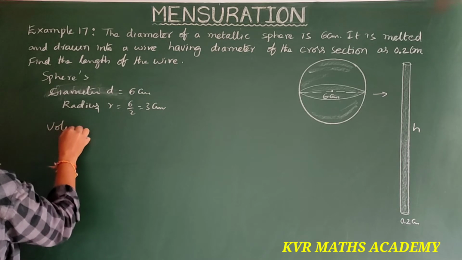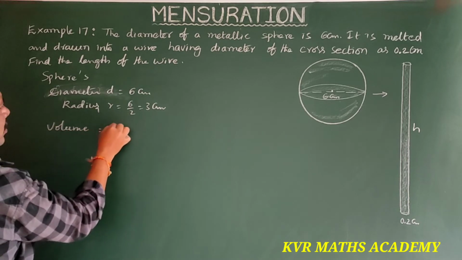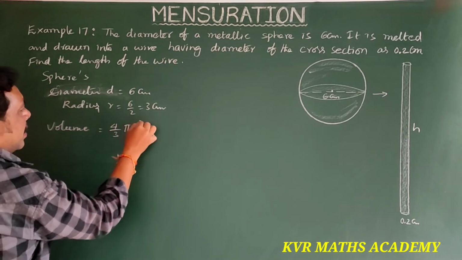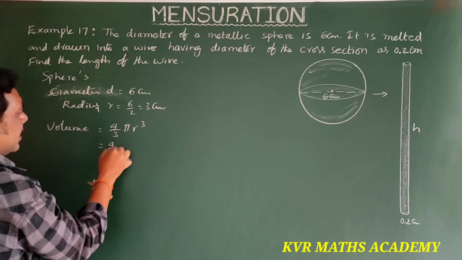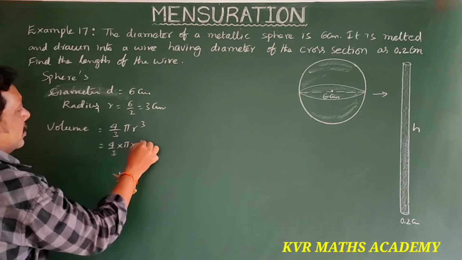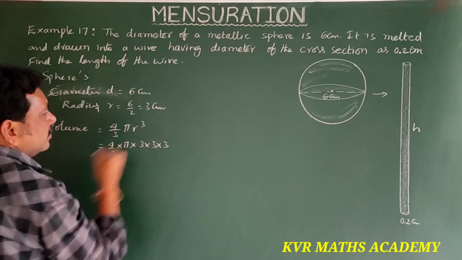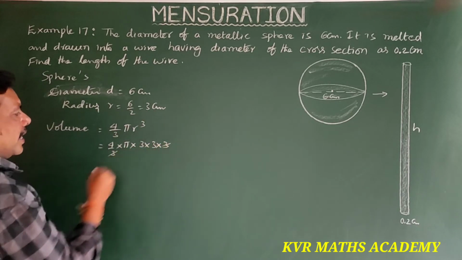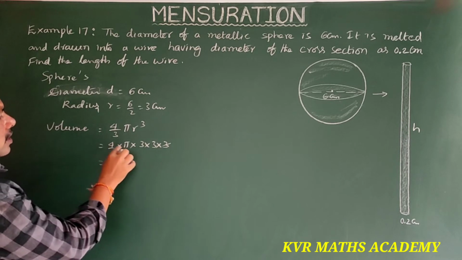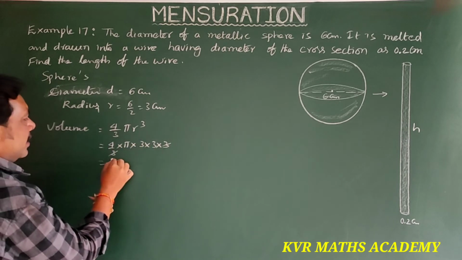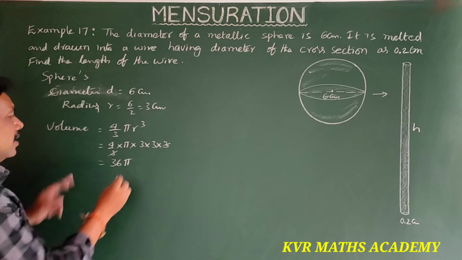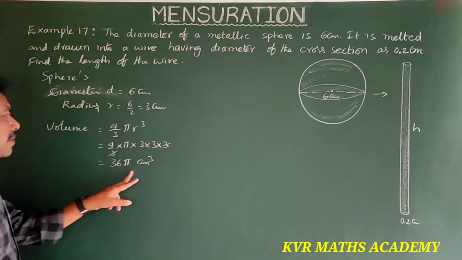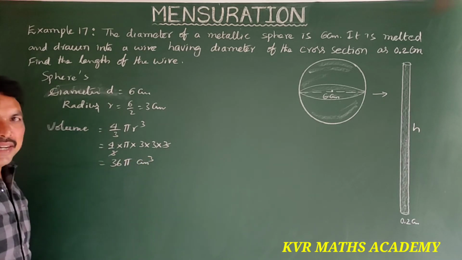Next its volume is 4 by 3 pi r cube, so 4 by 3 into pi into 3 into 3 into 3. 3 gets cancelled. Now 4 3s are 12, 12 3s are 36 pi centimeter cube. Keep it like this. This is the volume of the sphere.